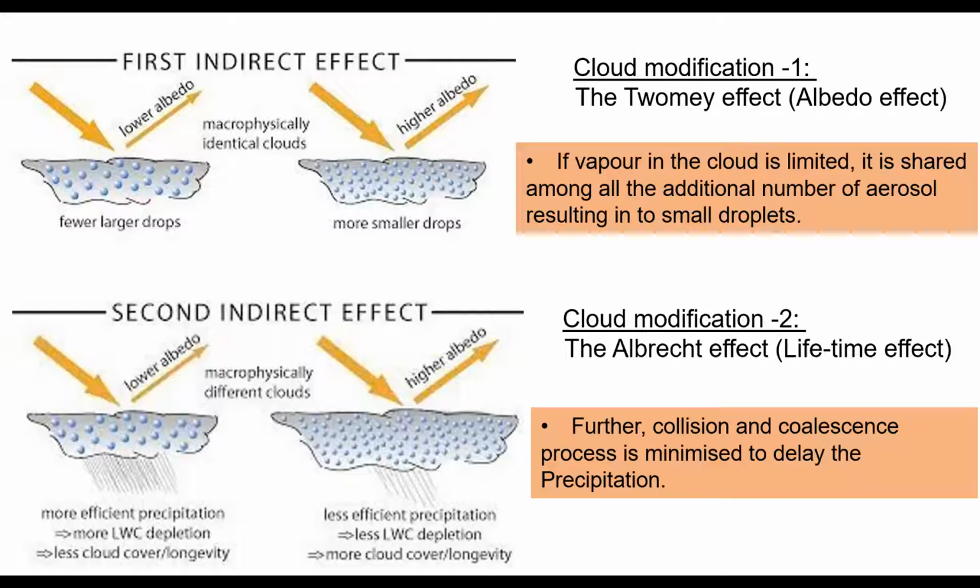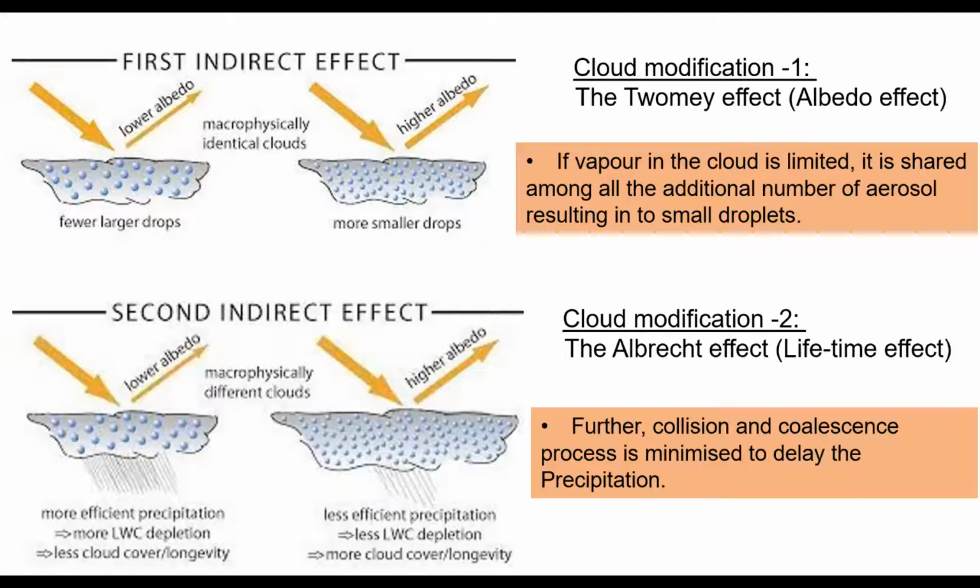Then the remaining water vapor tries to condense on all the additional aerosols coming into the cloud, leading to the formation of cloud droplets. But because more aerosols are there and less water vapor is present, it results in small droplets, but more in number. This is how it changes the cloud properties. This is called the first indirect effect or Twomey effect, because it was discovered by Twomey.